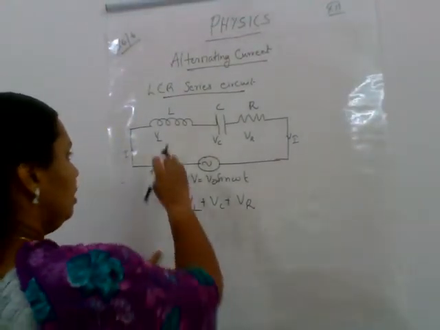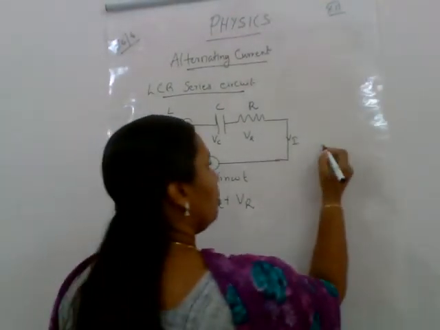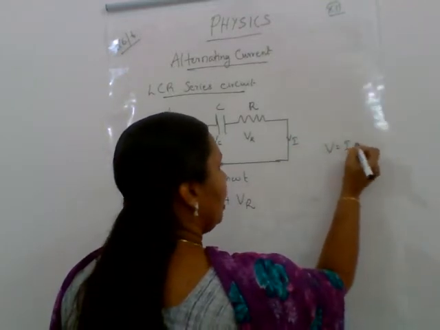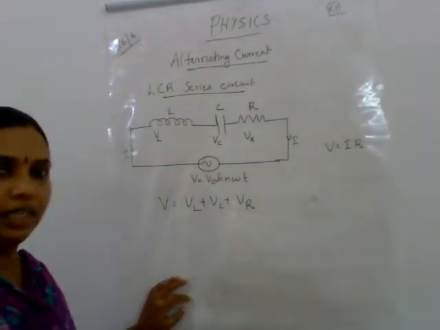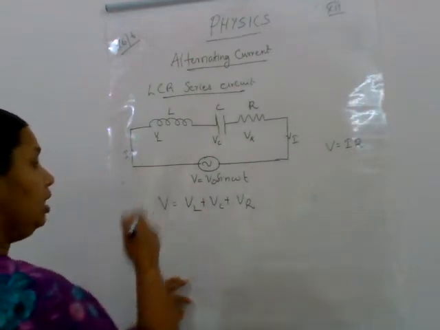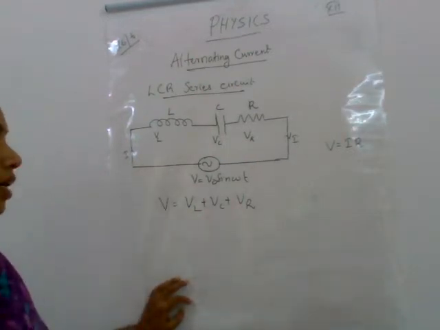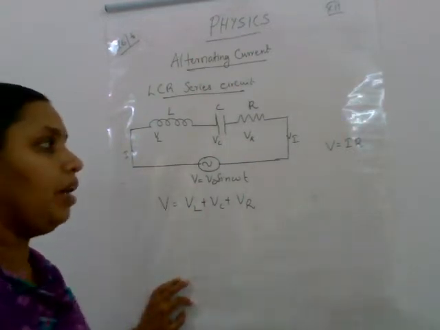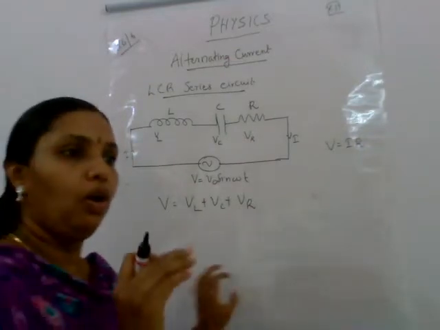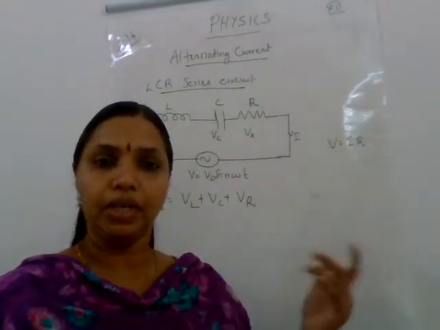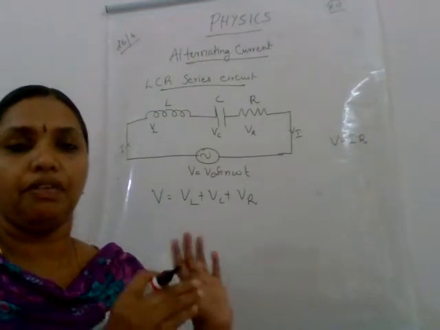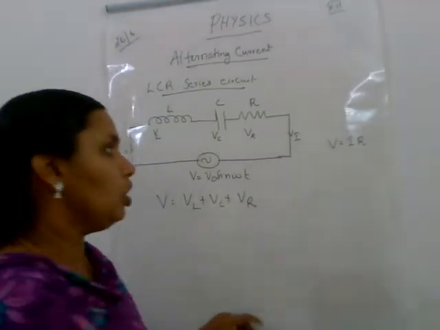According to Ohm's law, V is equal to IR. Here the current is common, that is I. If we find the opposition across each component, we can find the potential difference across each component.